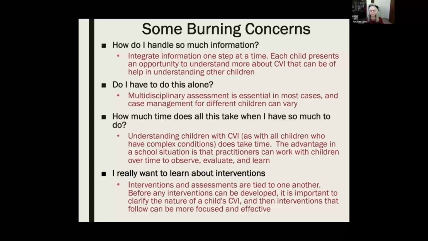Before any interventions can be developed, it's important to clarify the nature of a child's CVI, and then the interventions that follow can be more focused and effective. Let me give you an example.